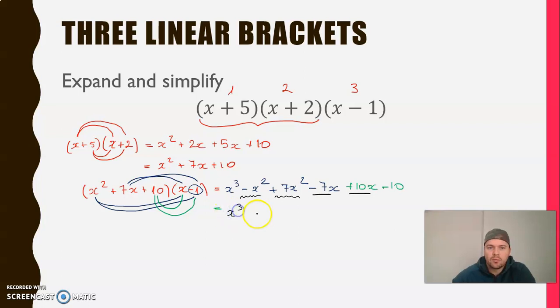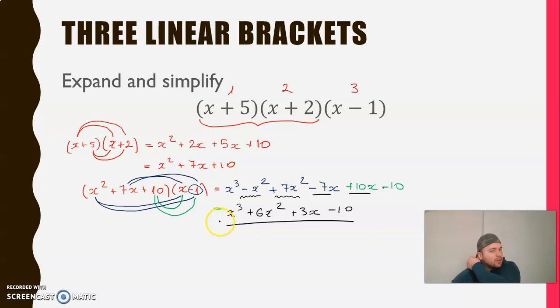So we end up with x cubed, minus x squared plus 7x squared is positive 6x squared. Then minus 7x plus 10x is positive 3x, minus 10. Don't forget about that minus 10 at the end. And that's your triple bracket.